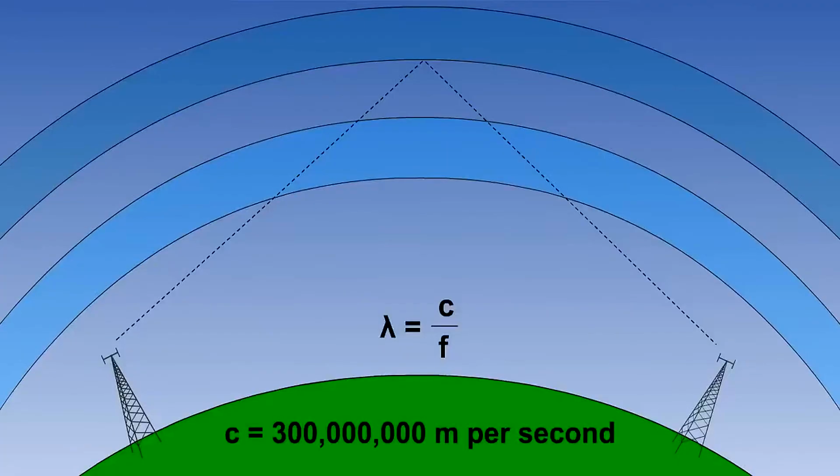In order to be able to do these calculations, we need to recall that radio waves travel at 162,000 nautical miles per second, or 300 million meters per second. This figure, in meters per second, is the one to use in all calculations.